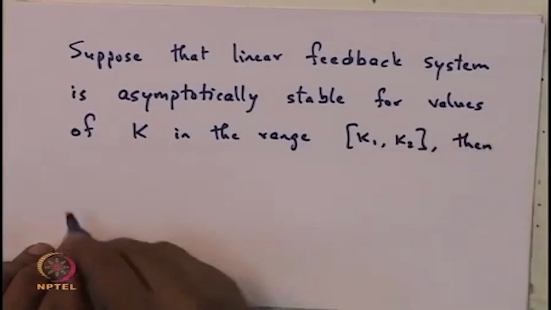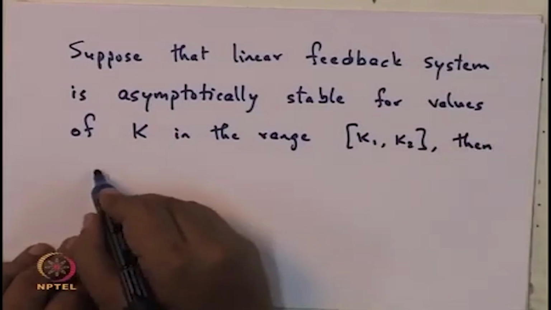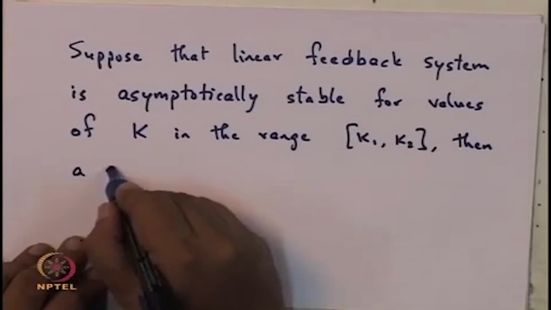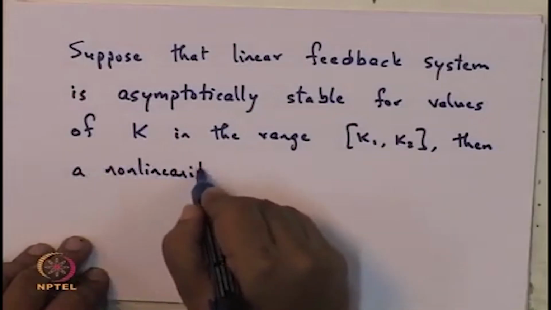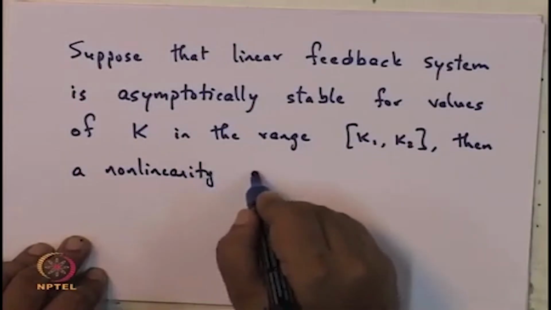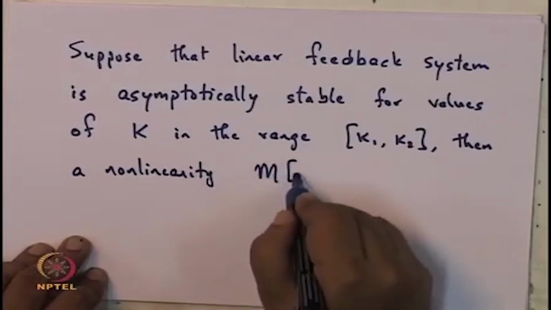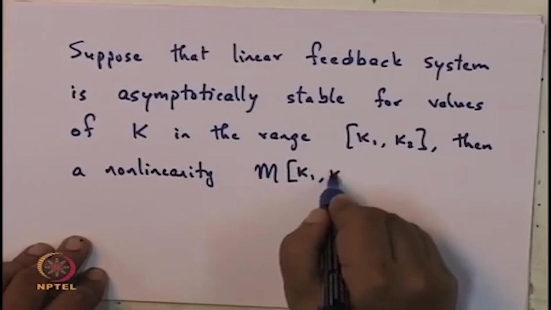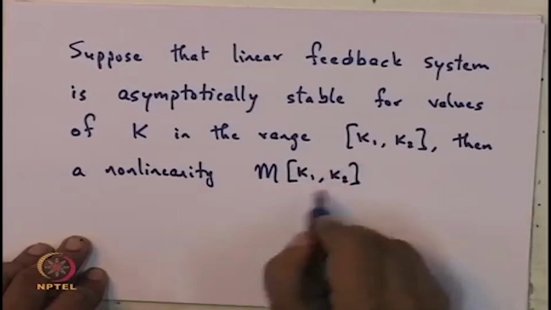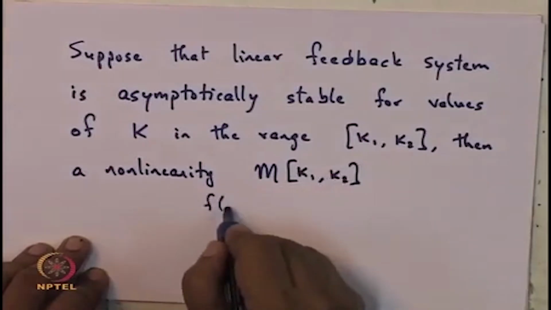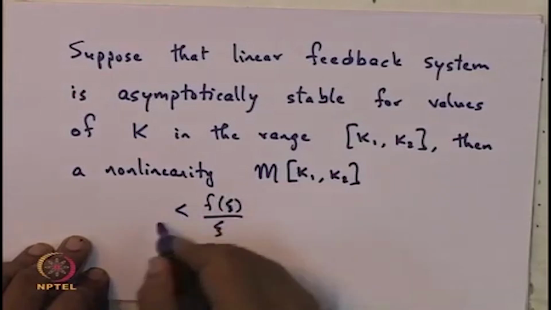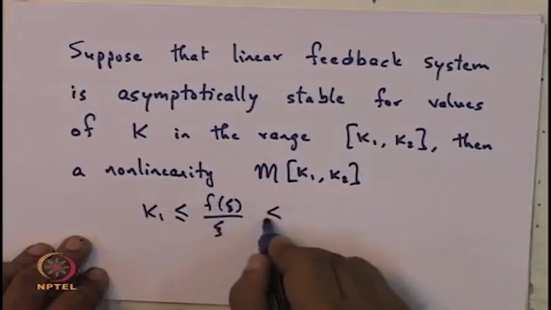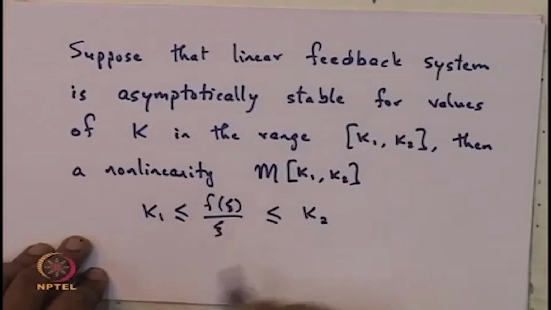then a nonlinearity that belongs to this sector, which is equivalent to saying that the nonlinearity f(xi) by xi is such that k1 is less than or equal to this, and this is less than or equal to k2.